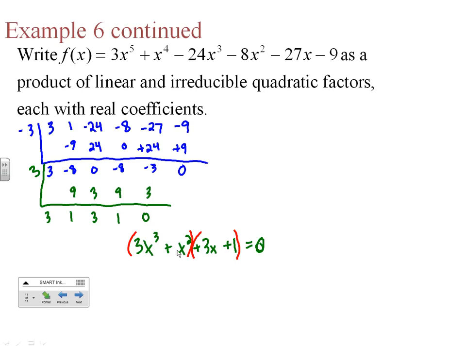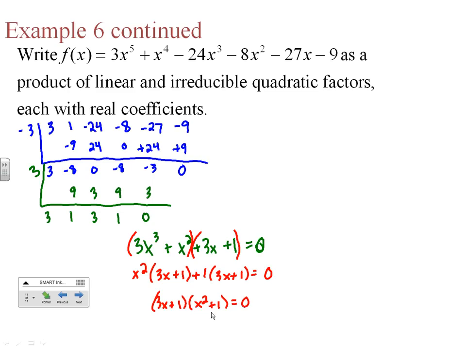The first group has x squared in common, so I factor it out and I'm left with 3x plus 1. With the second group, I want something that gives me 3x plus 1 in parentheses. I already had 3x plus 1, so I wouldn't factor out anything. So I take the 3x plus 1 out, and I'm left with x squared plus 1.